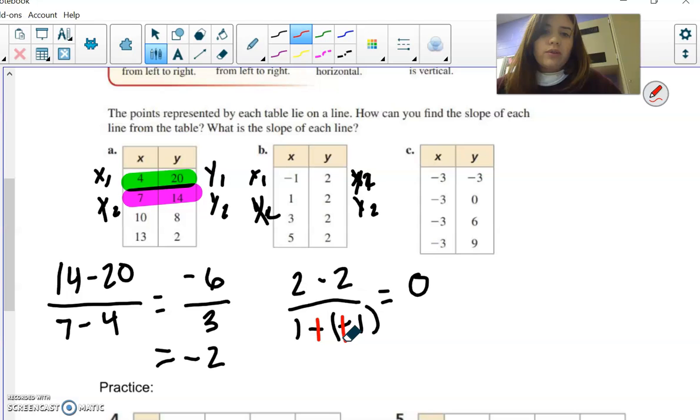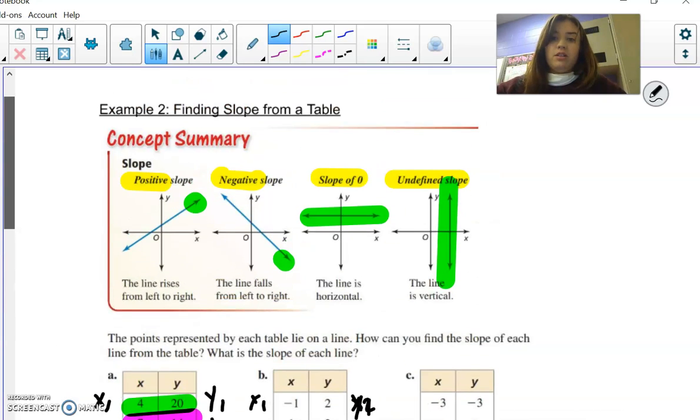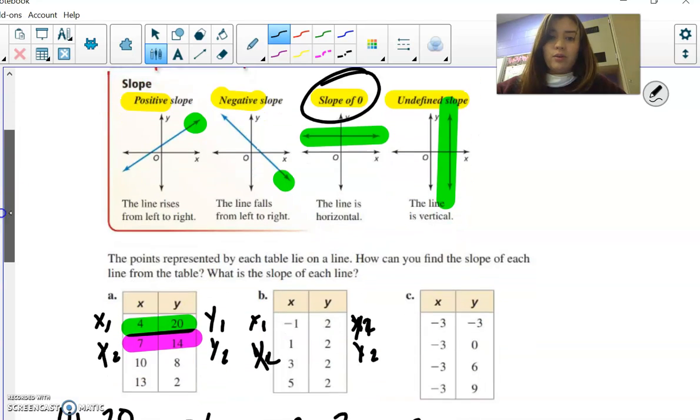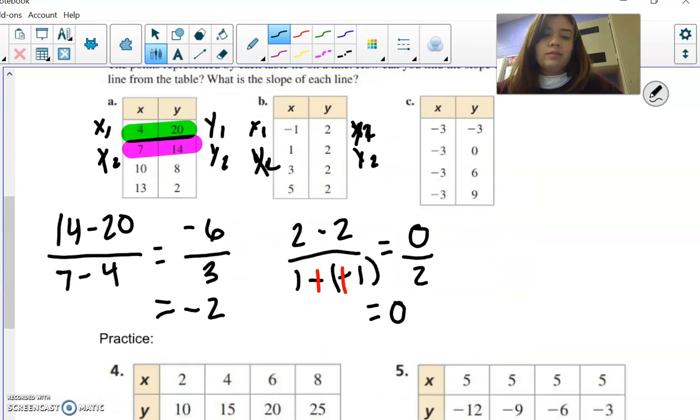So I turn both of those into addition signs just because that helps me. So 1 minus a negative 1 is actually 2. But here's something that we know. 0 divided by 2 is, in fact, 0. So that is going to be our slope of 0. Okay, so that is our horizontal line.